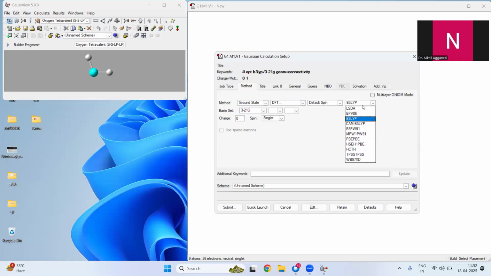The moment you enter into potassium plus, calcium 2 plus, and zinc, the d orbitals are there and they are also filled. Zinc, definitely, D10 configuration. Zinc D10, so omega B97XD. Clear, Kriti? Unless and until d orbitals are filled, you can take B3LYP. The moment they get filled, you cannot take B3LYP.